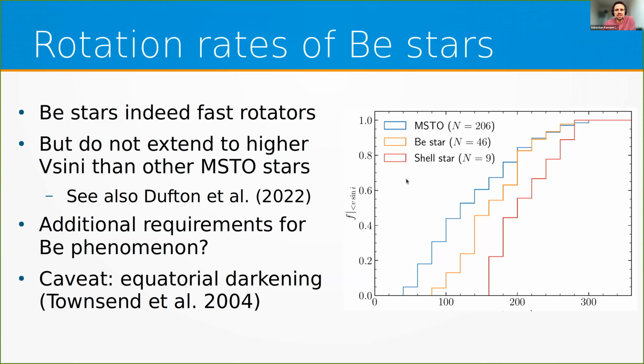But what we see is that, as expected, the BE stars seem to be faster rotating than the normal main sequence turn-off stars. And again, the shell stars, which are BE stars observed more or less equator on, are again faster. But also what we observe is that for the BE and shell stars, our distributions don't extend to higher values than for the normal stars.